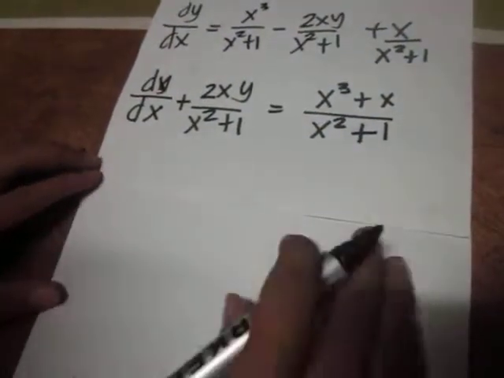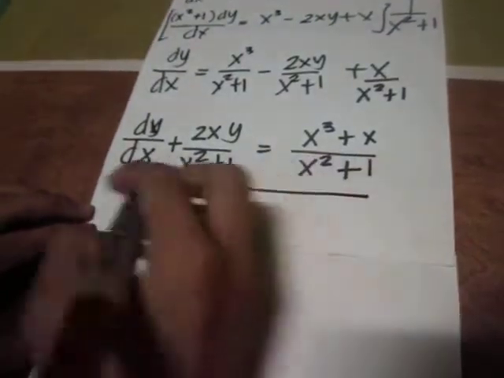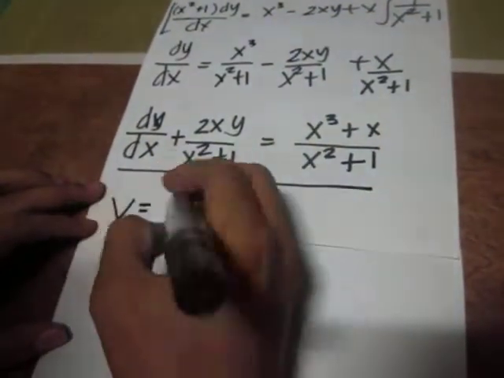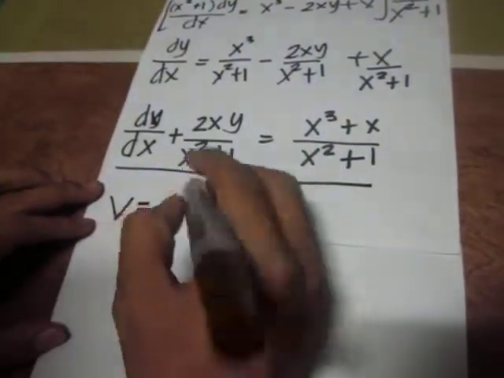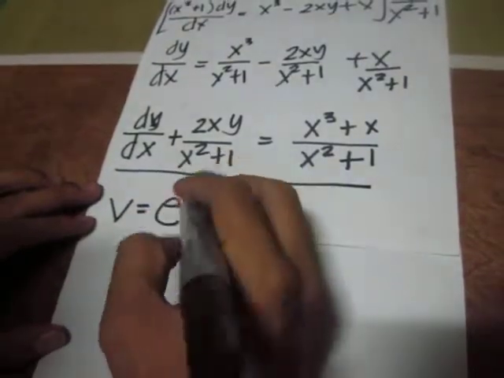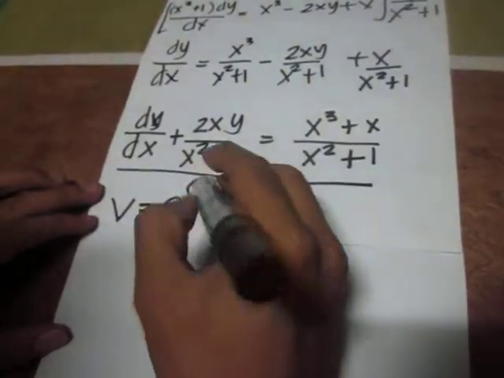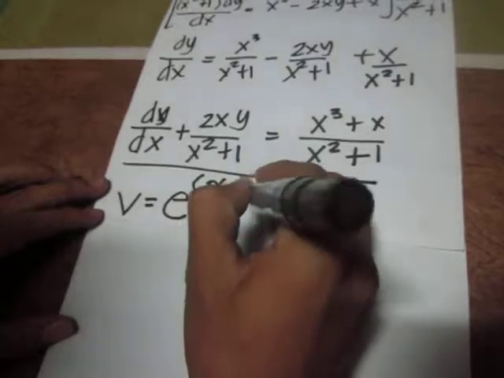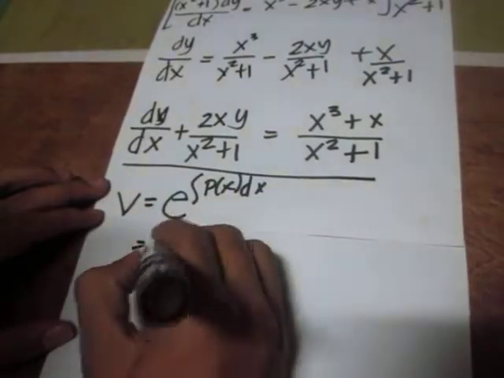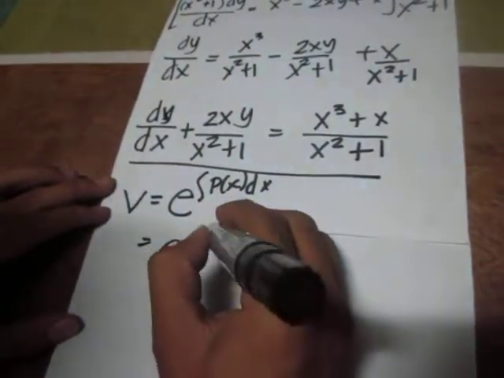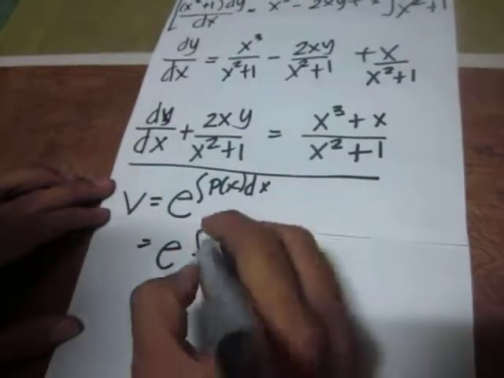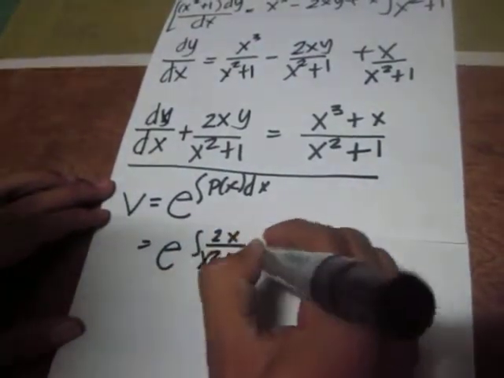So after getting the standard form, we must also get the integrating factor, which is e to the integral of p of x dx. So e to the integral of 2x over x squared plus 1 dx.